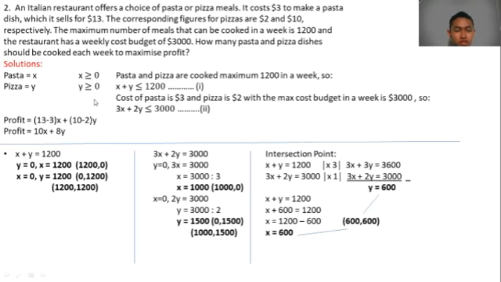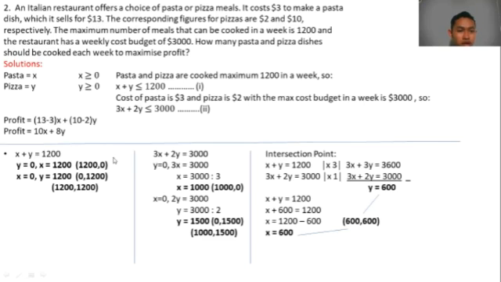And then for the profit, pasta costs $3 to produce and sells for $13, so the profit of pasta is $10, or 10x, and the profit of pizza is $8 because pizza is produced for $2 and sells for $10. So we get the profit 10x plus 8y.